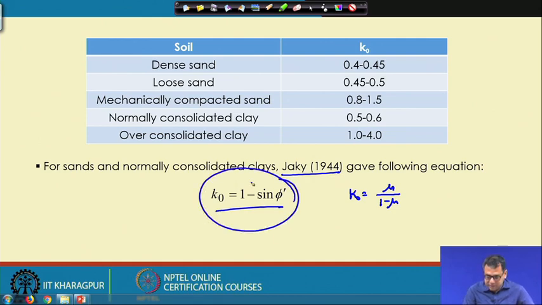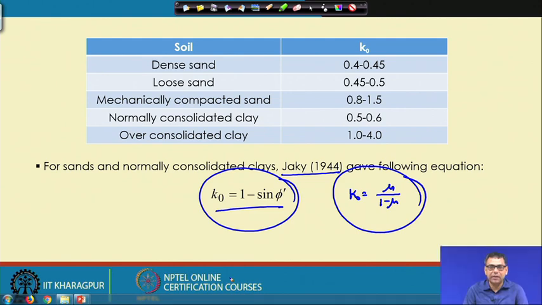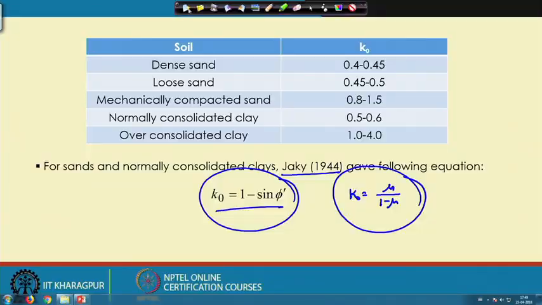So you can use either expression, or the table if you do not have the mu value or the phi value available. Once you know k 0, you can calculate the pressure and the force acting on an earth retaining structure.